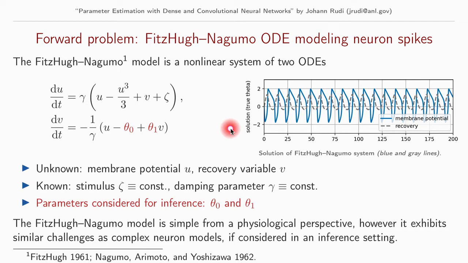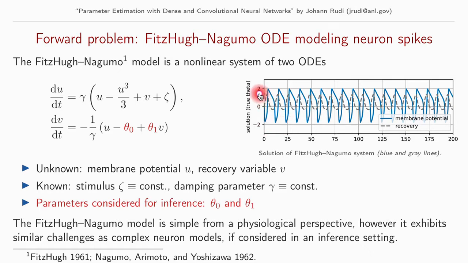One example solution of this ODE for a specific theta 0 and theta 1 looks like the blue line. So the blue line is the membrane potential, and it models the spiking of a biological neuron. And this is sometimes available as data.